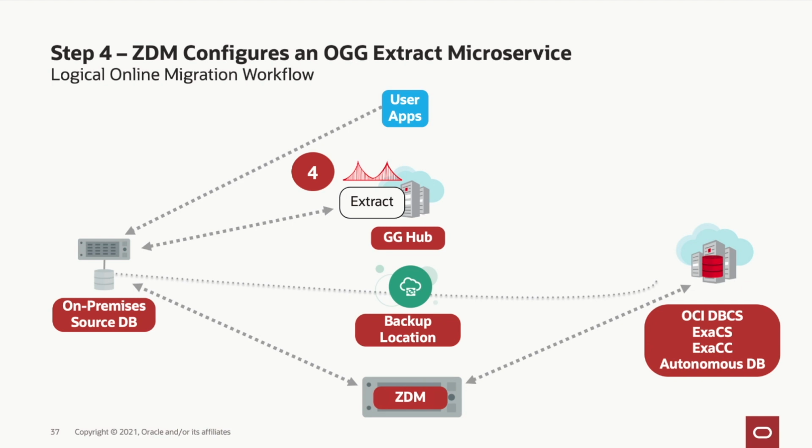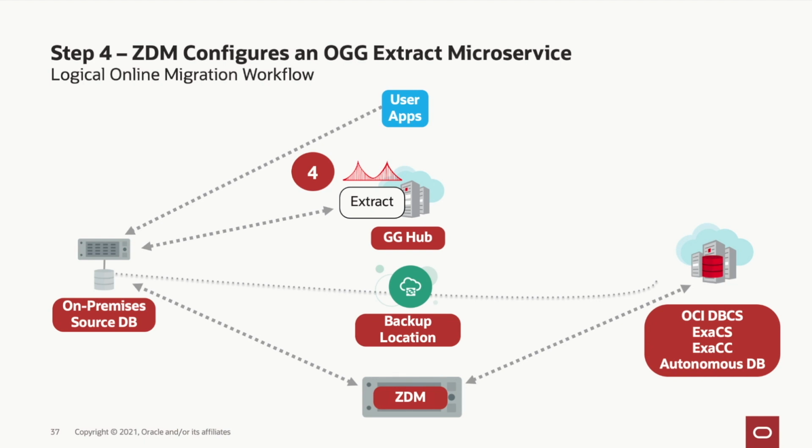ZDM then proceeds to configure an Oracle GoldenGate microservice in the GoldenGate hub. This microservice is an extract. What it would do is it'll start capturing transactions from the source database and generating what we call trail files. These files will be stored in the GoldenGate hub and then will be used by the second microservice that will be configured soon to synchronize the database in the target, which is the database that we're migrating.